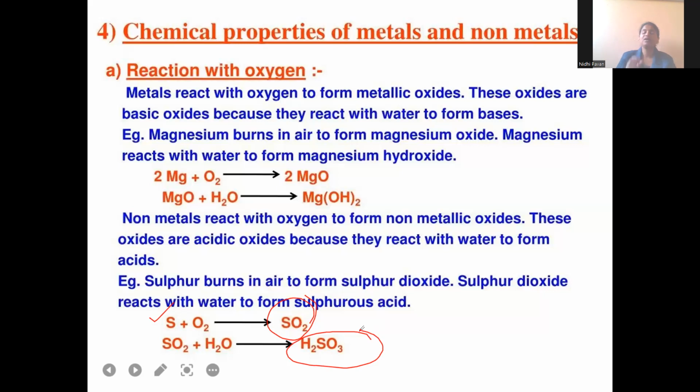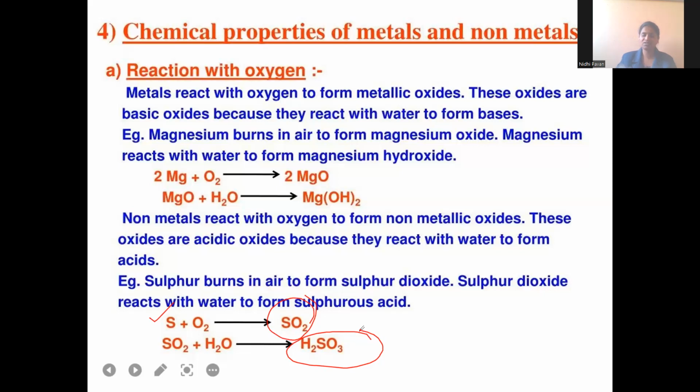When non-metals react with oxygen, respective non-metallic oxides are formed, but unlike the metallic oxides, non-metallic oxides are acidic in nature because when they dissolve in water, they form acids.